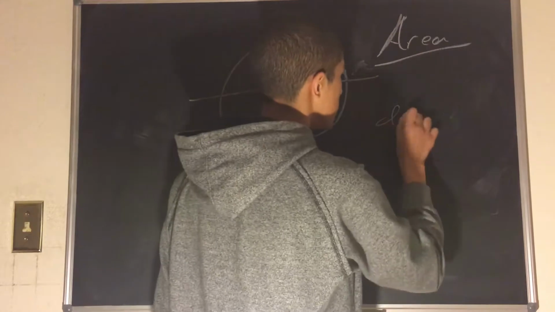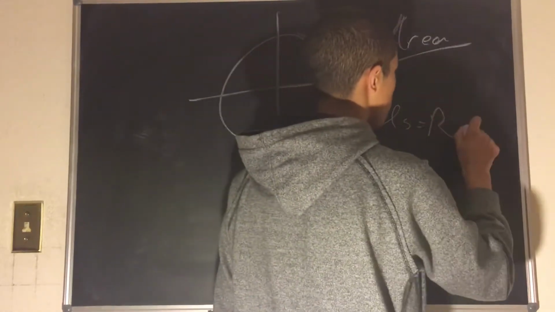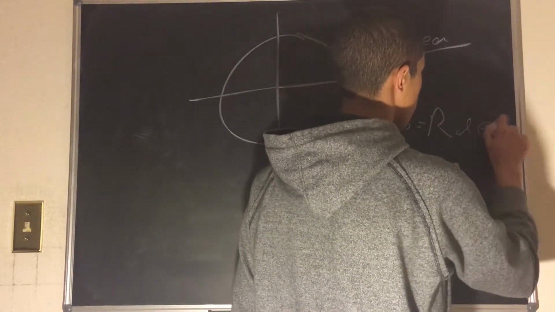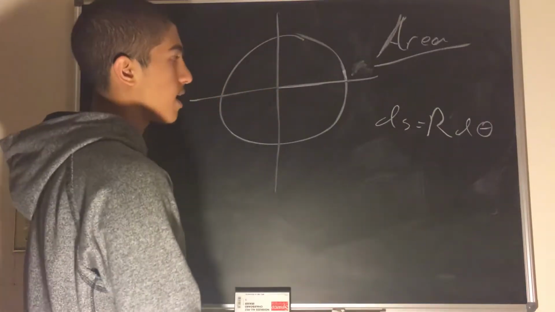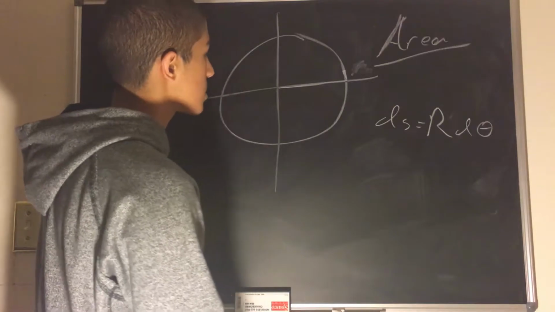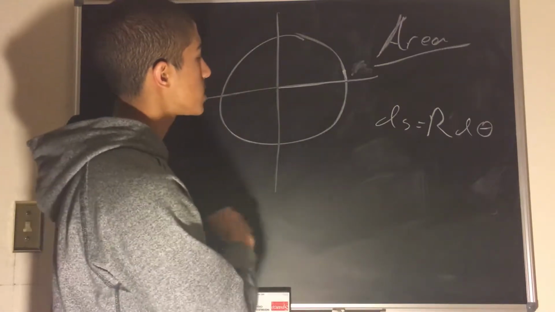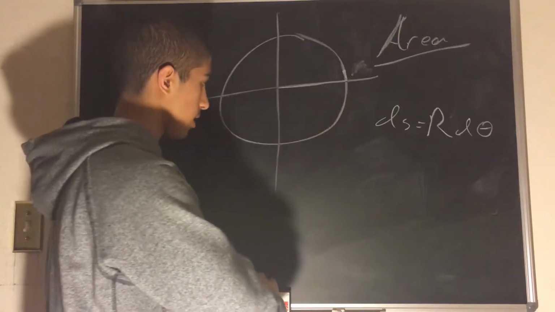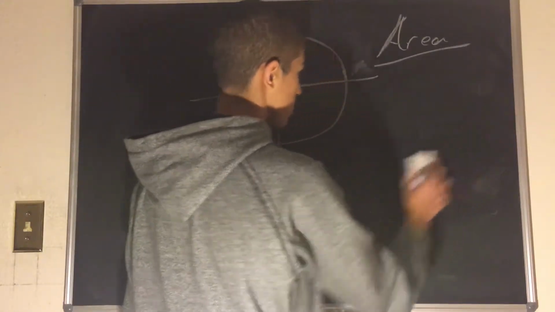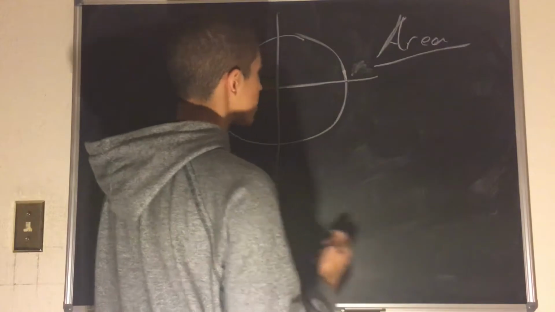So ds is equal to r d theta. So that was our arc element, and now you can maybe guess what a sector element is. A sector element is the infinitesimally small section of a circle. So it's an infinitesimally small sector.